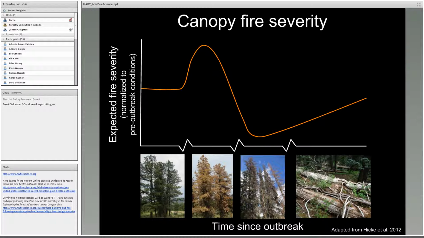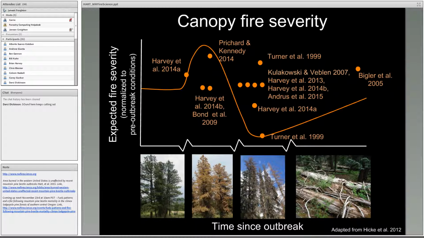Again, I'll look up some of the existing studies and what they suggest. And here you can see that there tends to be a pattern of varied results. So the effects of mountain pine beetle on canopy fire severity appear to either not be that strong or be convoluted by some of the confounding factors.